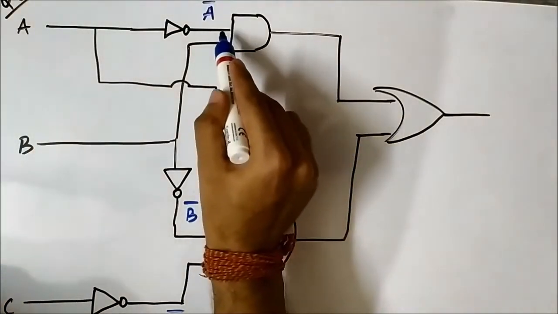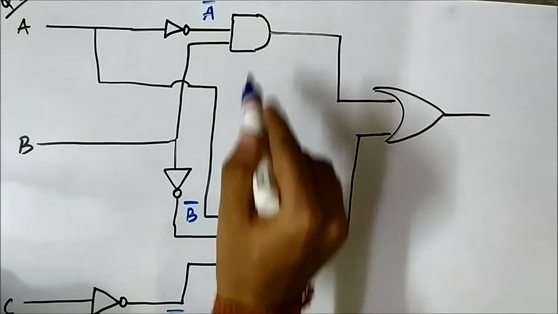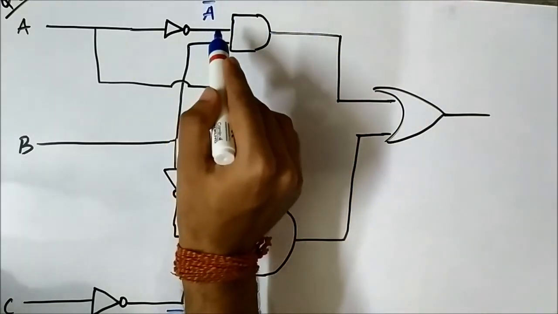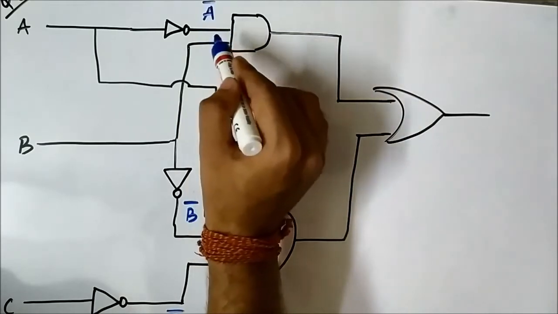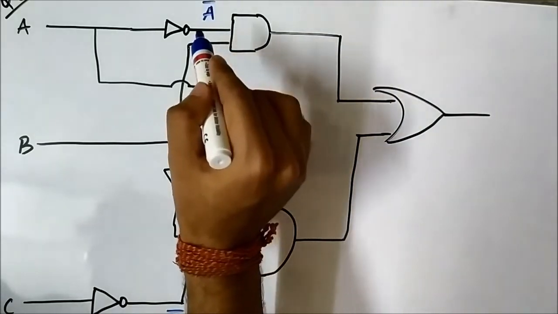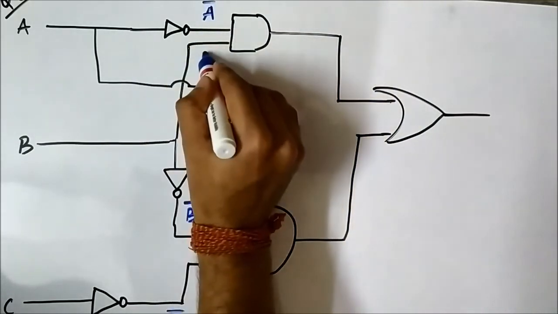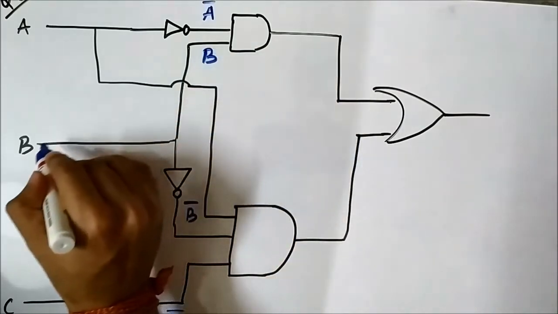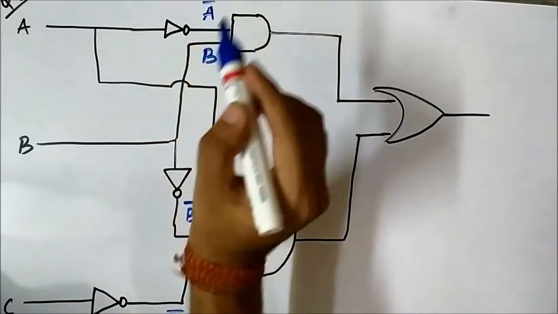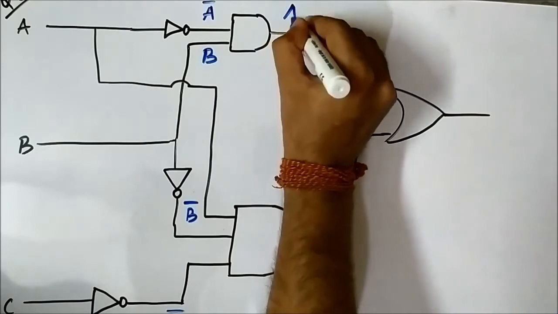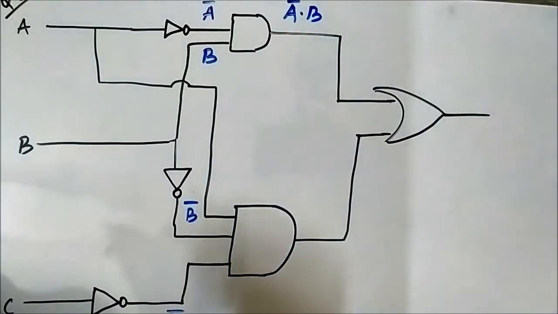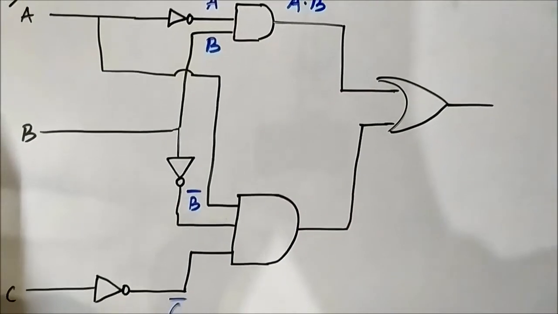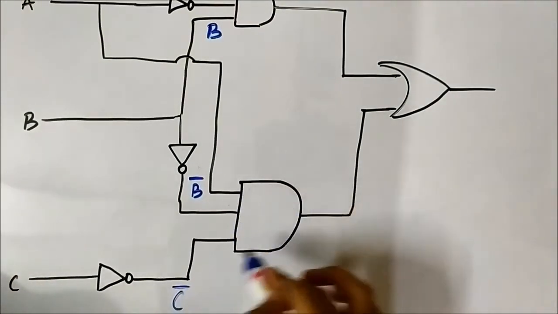Now, in the second level, the first AND gate is a 2 input AND gate. The inputs are A complement and B, so the output will be simply A complement and B. This is a 3 input AND gate.